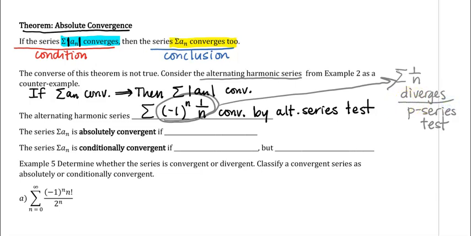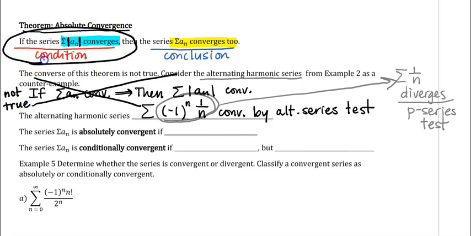It diverges. So you cannot say that if a series converges, then when you apply absolute value bars, it will also converge. This is not true. So you have to pay close attention to what condition you start with and then what conclusion you can reach.